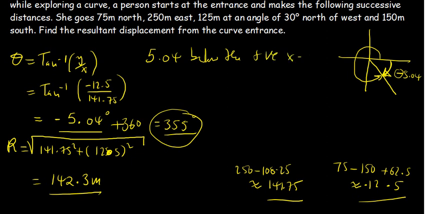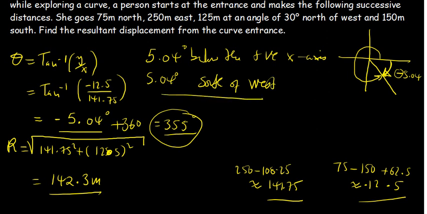Or since here we're talking about a compass, you can say it is 5.04 degrees south of east. However you present it, you are coming from the east, going towards the south. That's why we're saying south of east.